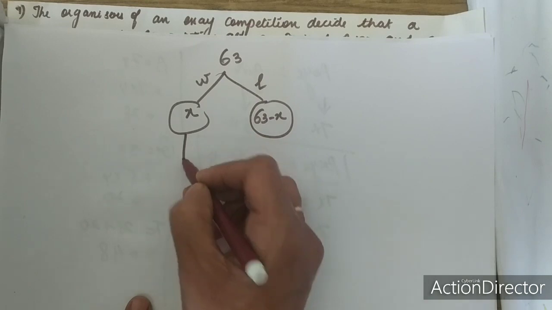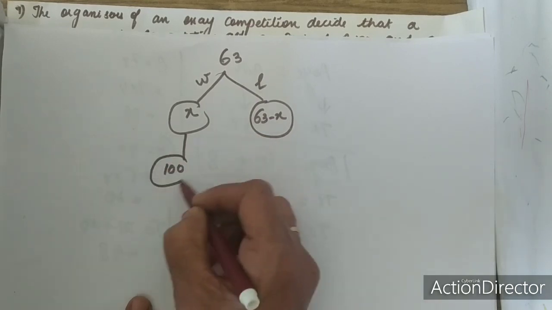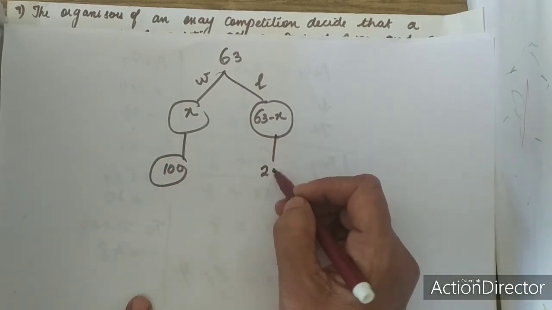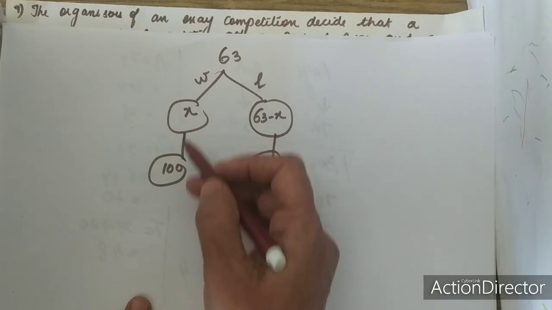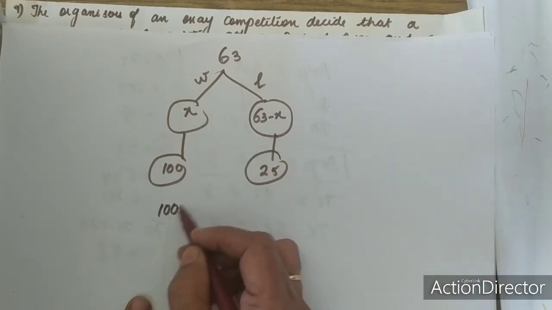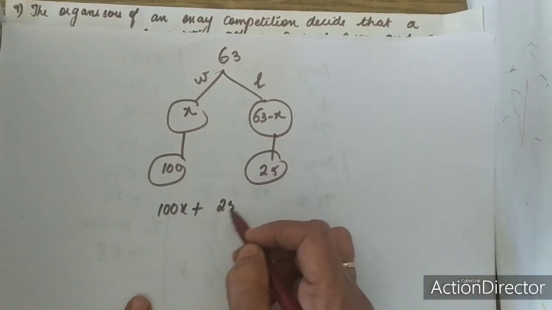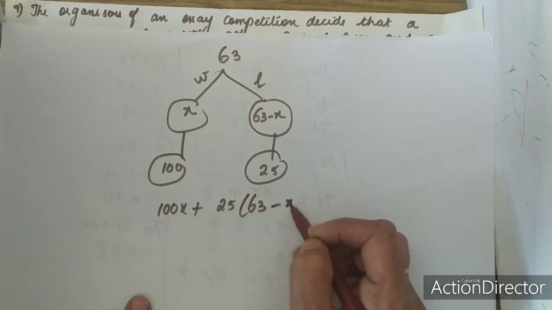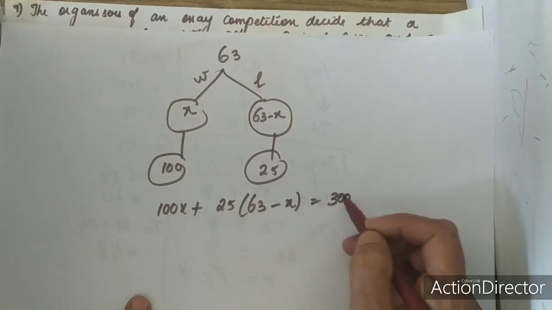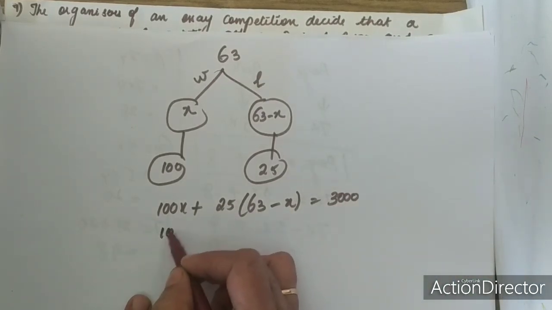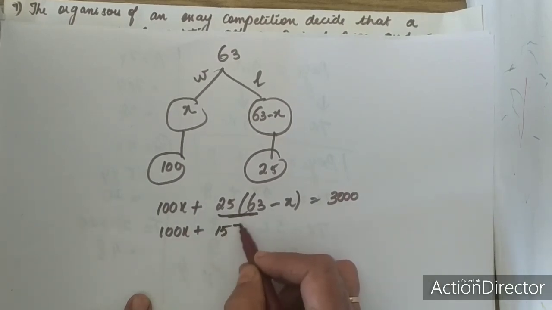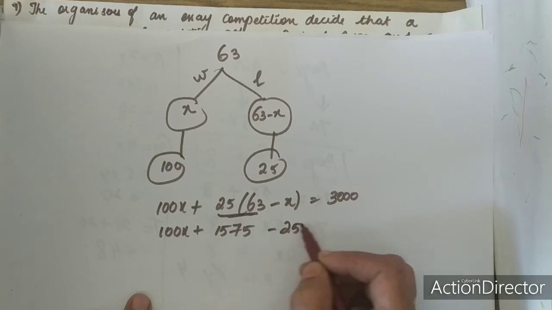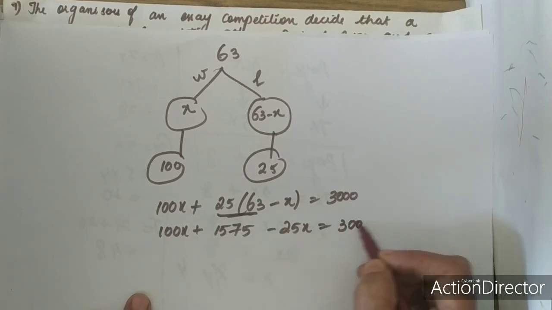And the winners are getting rupees 100 and the losers are getting rupees 25. But you know the total amount is equal to 3000 rupees. So let me multiply: 100 into X plus 25 into 63 minus X is equal to 3000, or 100X plus, if you multiply these two numbers, you will be getting 1575 minus 25X is equal to 3000.